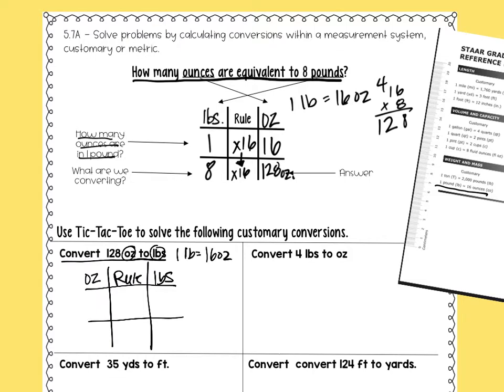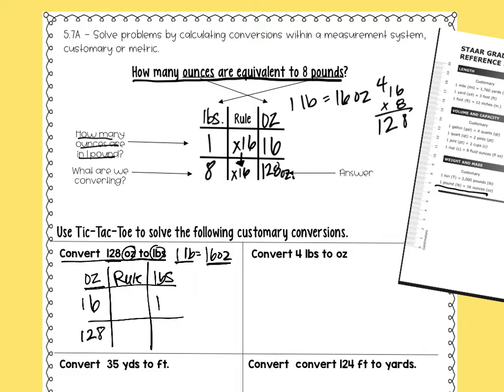So ounces came first over here, so I'm going to put my ounces first. So 16 ounces is equivalent to 1 pound. So 1 will go under the pounds. And now I know that I'm going to convert 128 ounces. So 128 ounces will go under the ounces.